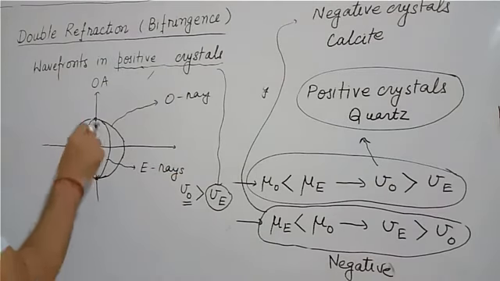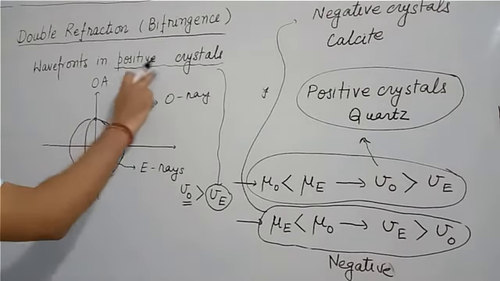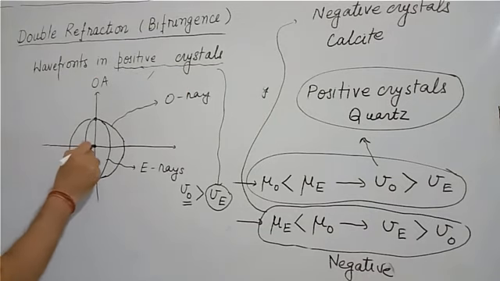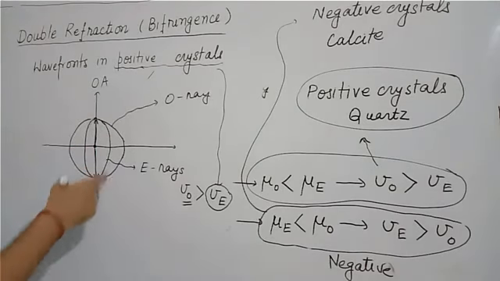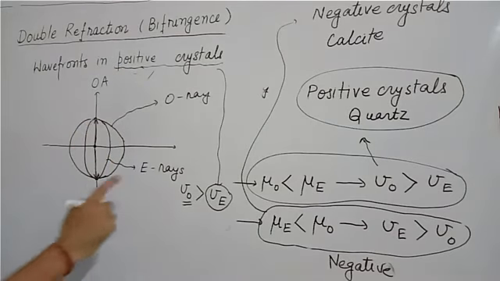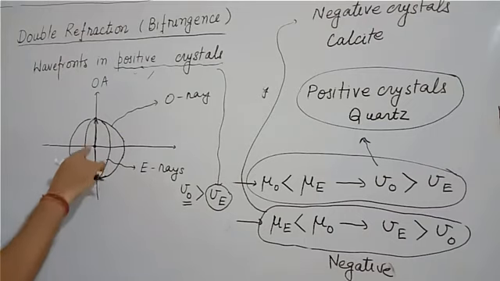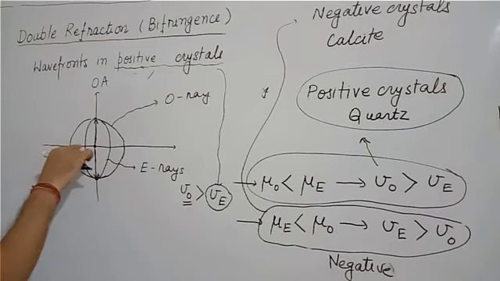And you can remember that in positive crystal, the speed of E ray is maximum along the optic axis, while it is minimum along the perpendicular axis.